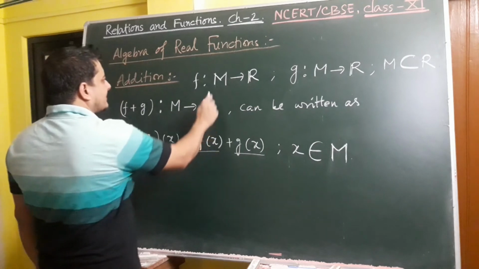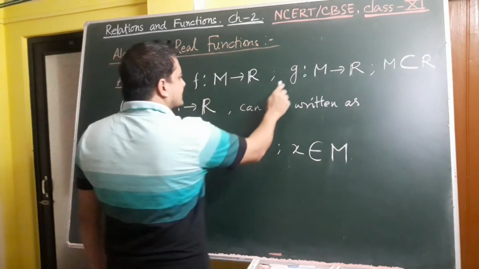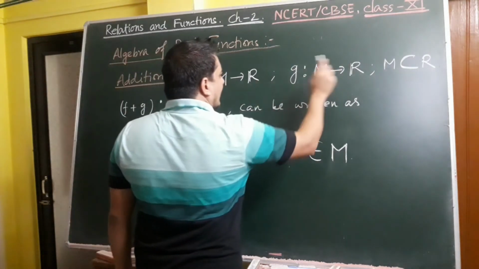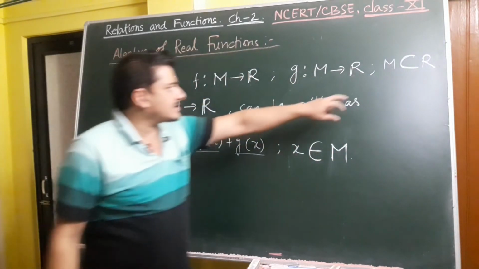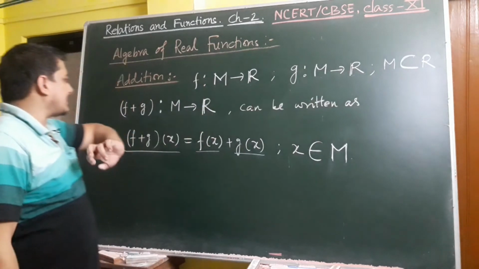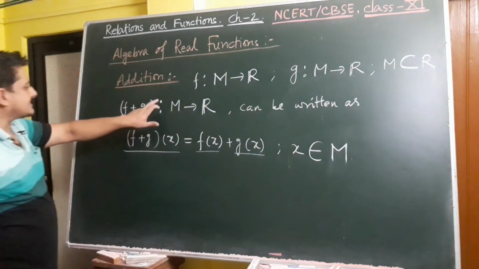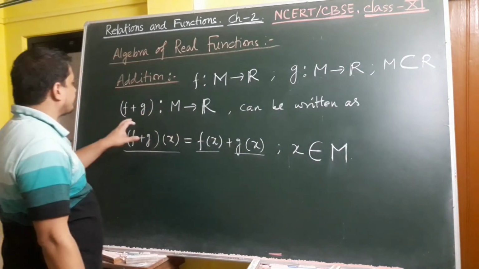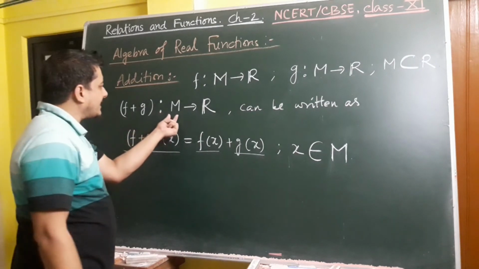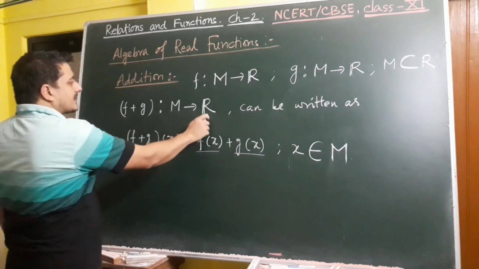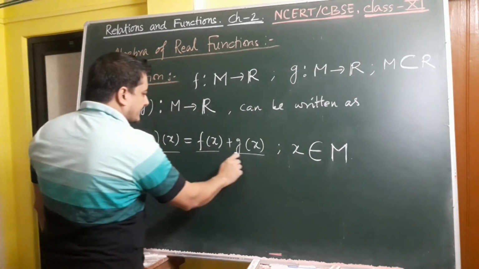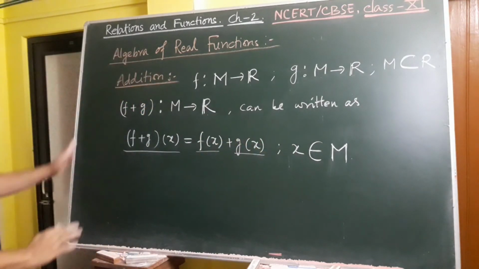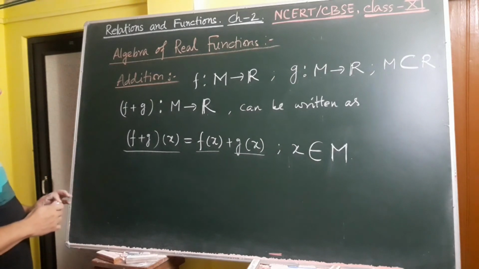Function f is from M to R, function g is from M to R, and M is a subset of R, so M is also real numbers only. So f plus g from M to R, with domain M and range R, gives (f + g)(x) = f(x) + g(x). So this is the addition.